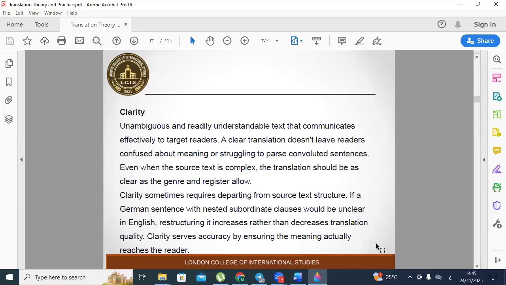Clarity sometimes requires departing from source text structure. If a German sentence with nested subordinate clauses would be unclear in English, restructuring it increases rather than decreases translation quality. Clarity serves accuracy by ensuring the meaning actually reaches the reader.